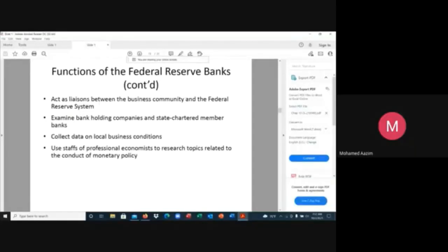Okay, so then they act as liaisons between the business community and the financial intermediary or the financial regulator. And the central banks act in this way in many forms, even engaging with these agencies to communicate the priorities. In the case of the Central Bank of Sri Lanka, we have consultative committees. In the case of the Fed Reserve, you have advisory councils, and then of course regular interaction with stakeholders.